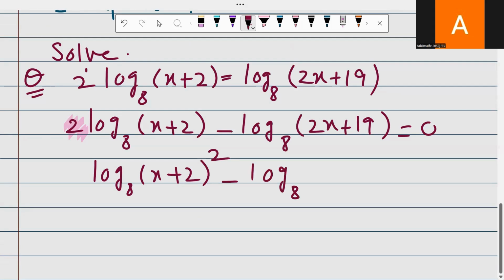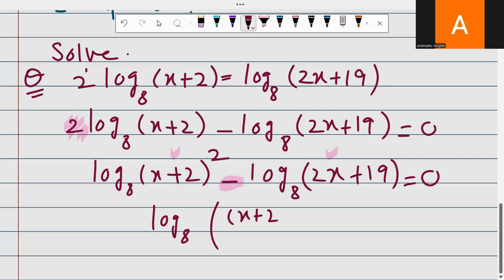In this question, our basic objective is to change into a single logarithm. Now you see there is a minus sign between these two logarithms, so to change into a single logarithm, we can divide. So you will write log with base 8 of x plus 2 whole squared divided by 2x plus 19 is 0.